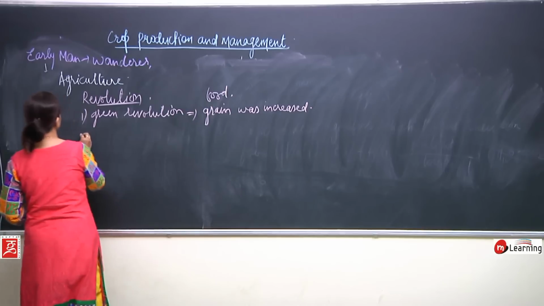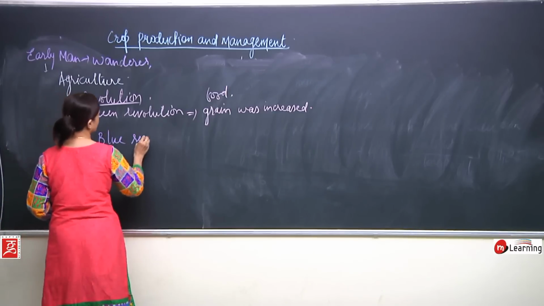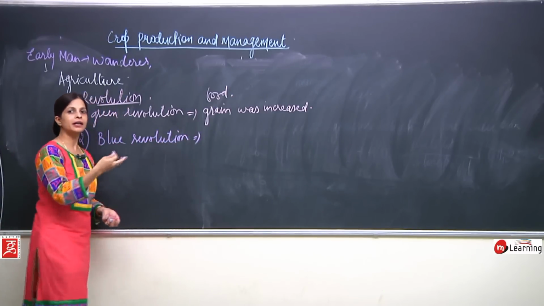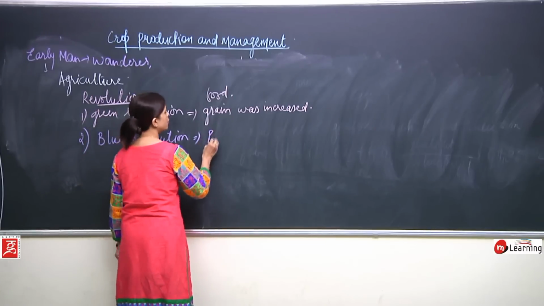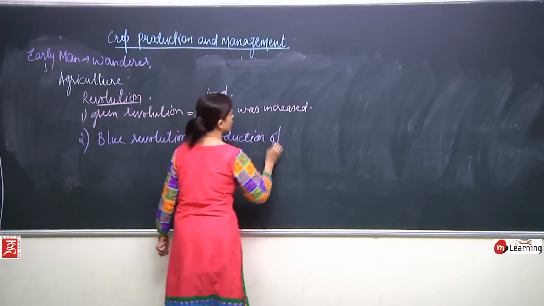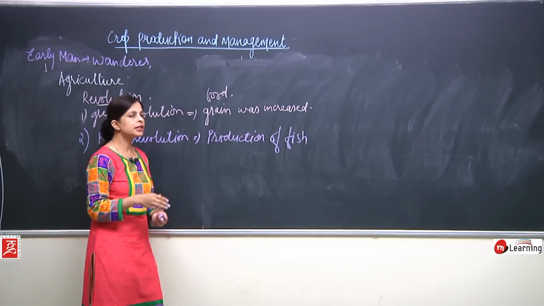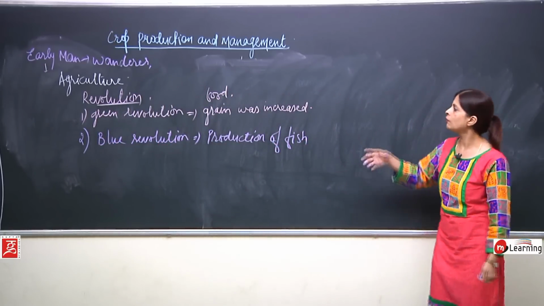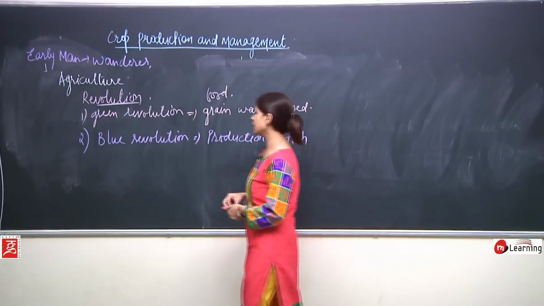Now, second can be the blue revolution. I can understand that it is not related to agriculture, but still production of fish was focused on, with new techniques, new experiments, new research programs conducted on how the production of fishes can be increased.